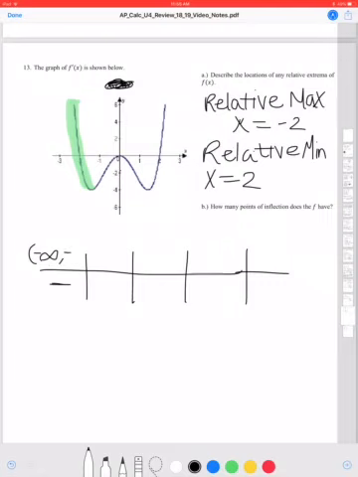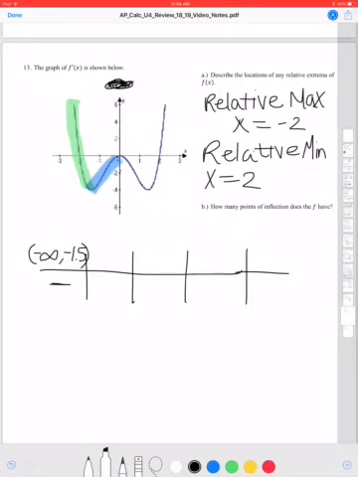Alright, so from negative infinity up to, I'm going to call that negative 1.5 since it doesn't tell us exactly, we have a negative slope.